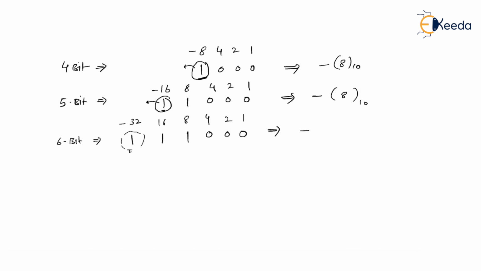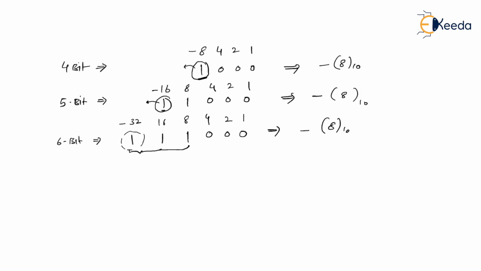Now let's check what is the real value. -32 plus 16, it is -16. -16 plus 8, it is -8. So still you are getting -8 to the base 10. Can't you see that? I'm increasing the size of number, but value of the number is remaining the same. And this is achieved by extending the sign bit, and therefore it is called the sign extension method.